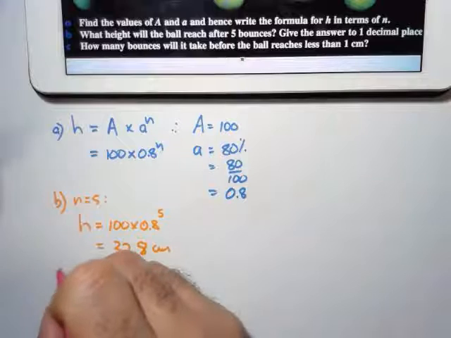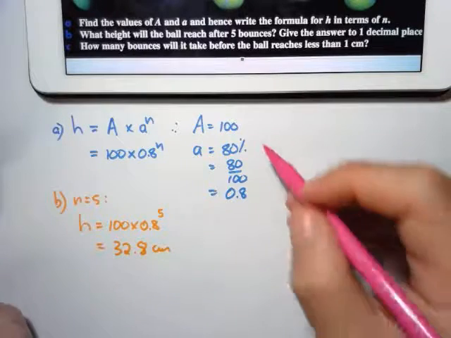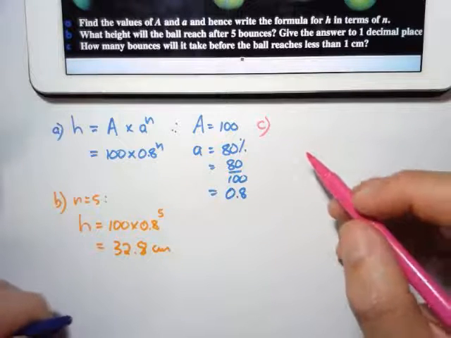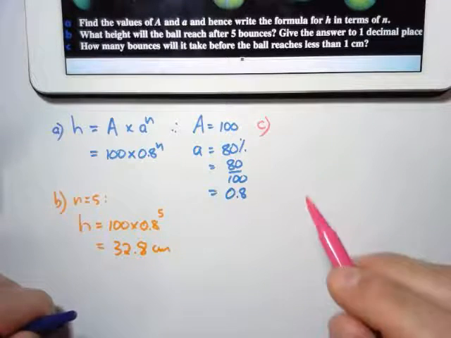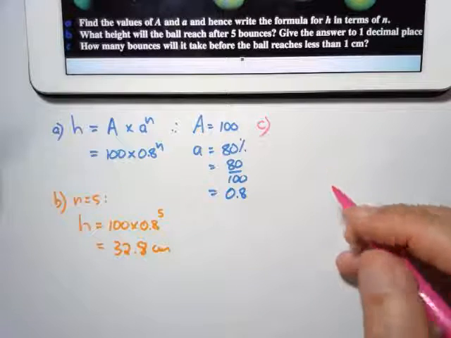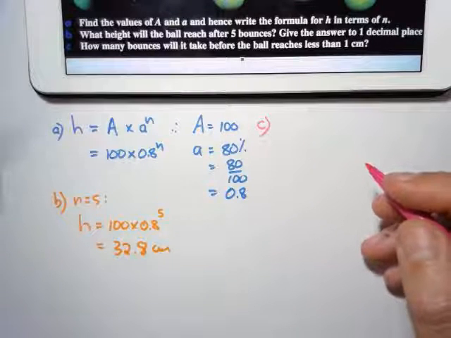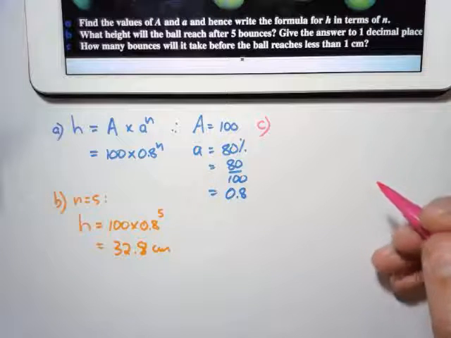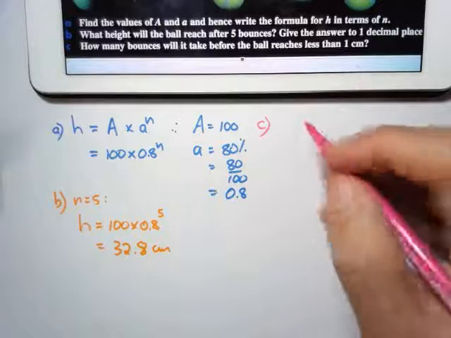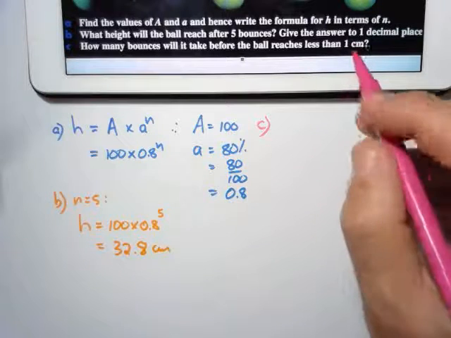Okay, let's look at the C question. It says, how many bounces will it take before the ball reaches less than 1 centimeter? So what they ask us is again for less than 1 centimeter.